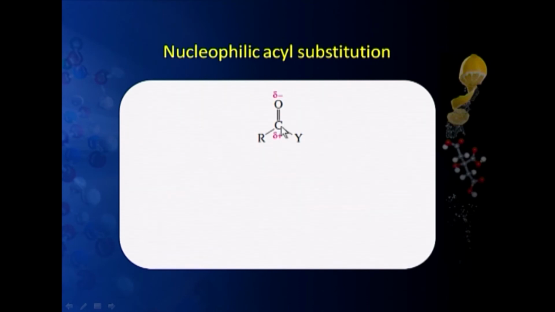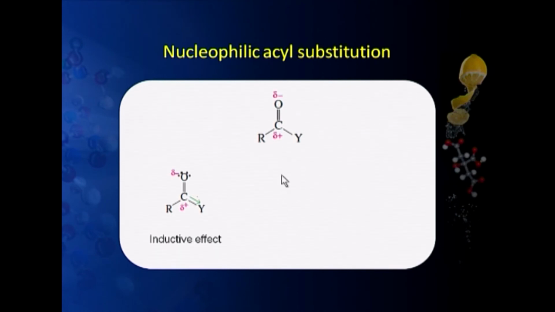This attack of the nucleophile will be further enhanced if this Y group is also electronegative, and if we compare the halogen or the alcoholic group OR or then OCOR in anhydrides and NH2 in amides, they are all electronegative groups. So, due to their inductive effect caused by higher electronegativity, the positive charge on this carbon is further enhanced, and when this positive charge is enhanced, nucleophiles can attack more easily.